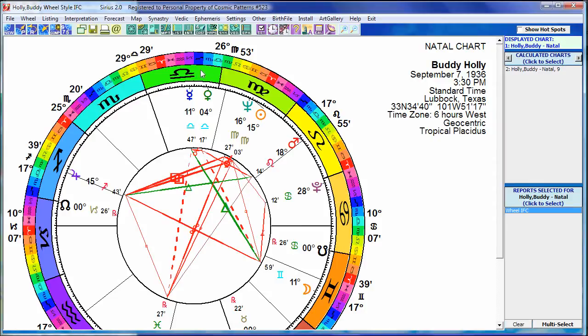So what this means is that, say for Buddy Holly, his Venus is in Libra, but it's in a part of Libra that has a little Scorpio quality to it. So he may be very relationship-oriented, very romantic, because Libra likes to relate, and he likes to really relate and bond.